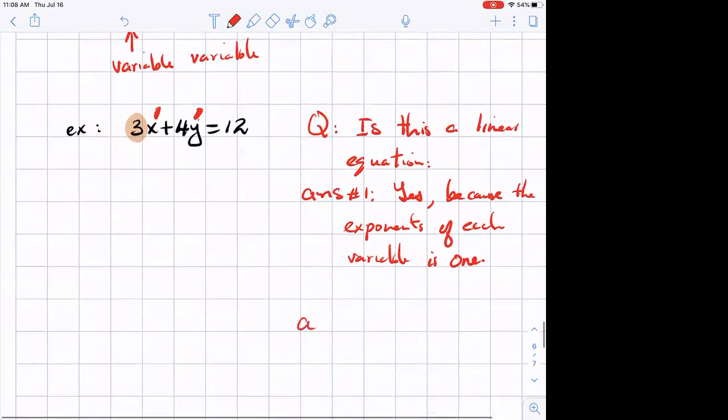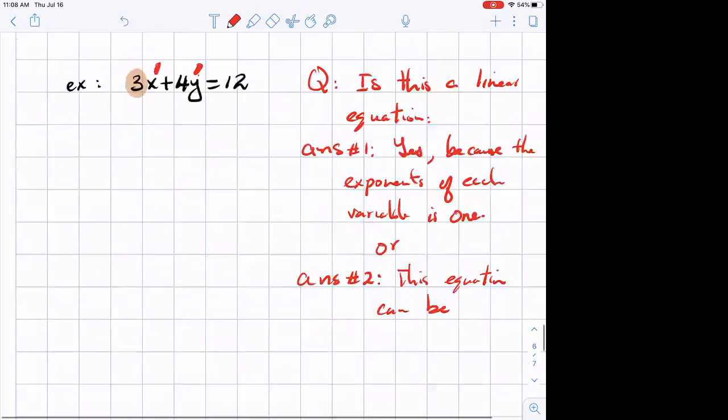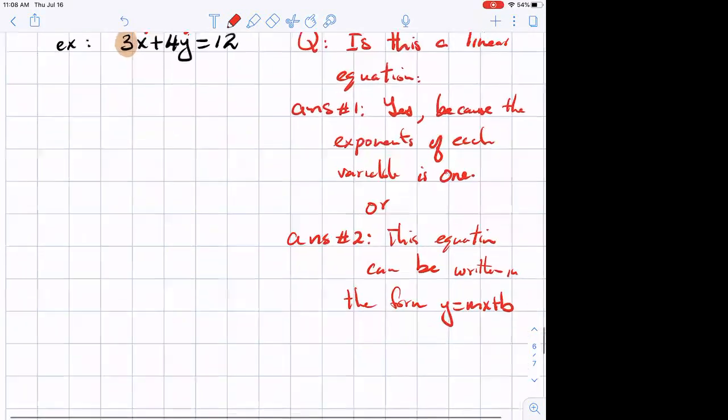And now alternatively, or answer number 2, you can say this equation can be written in the form y equal mx plus b. Meaning, what does this mean?